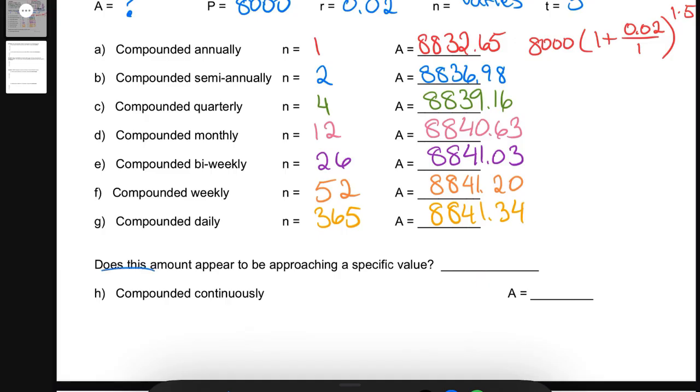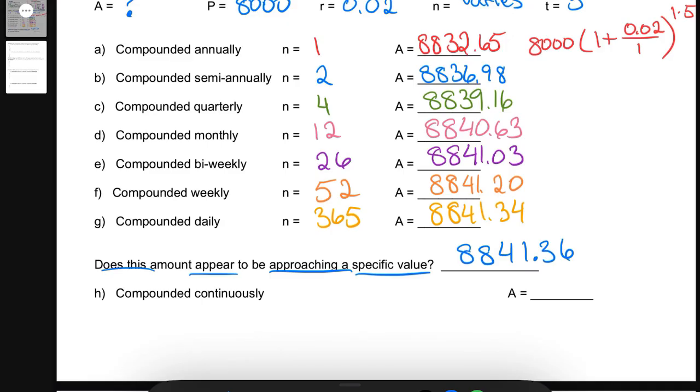If we had to estimate, does this amount appear to be approaching a specific value? It's getting really close to 8841.30 something, maybe 36. It's just a little bit of an estimate, a guess.